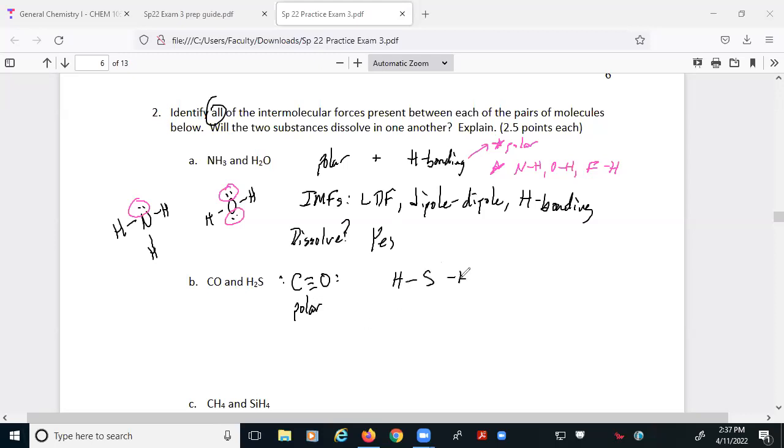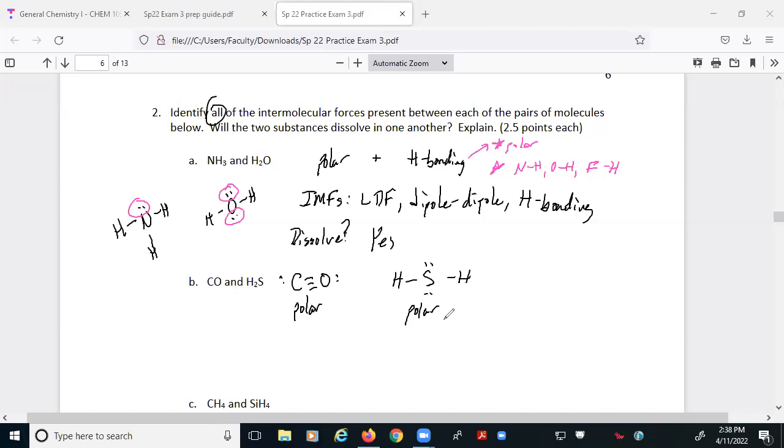H2S. Well, kind of similar to water. We can see steric number of 4, 2 lone pairs. This is going to be a polar molecule because of the asymmetry in those lone pairs. Does it exhibit hydrogen bonding?